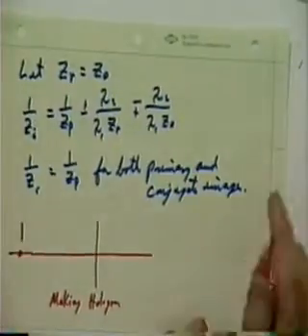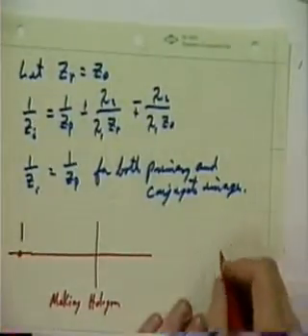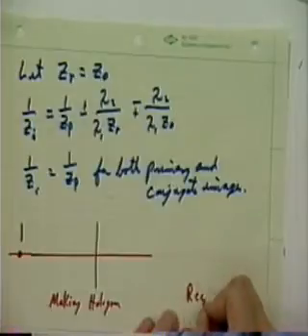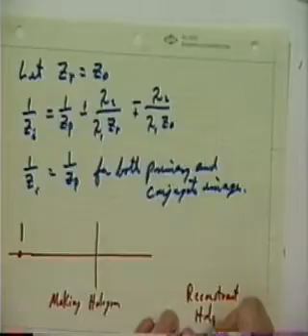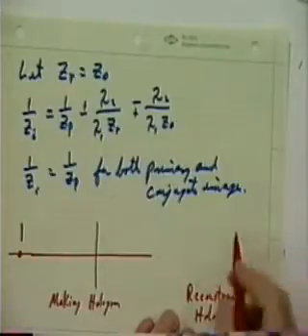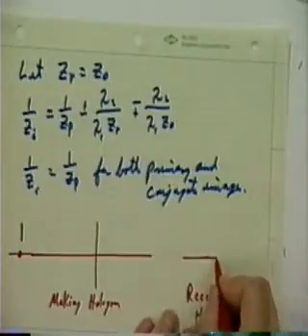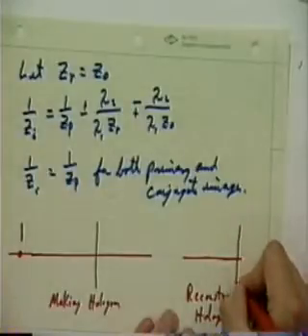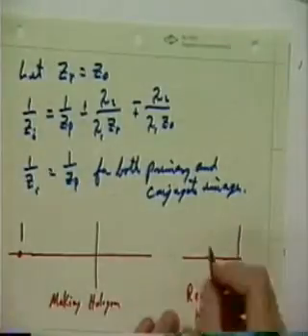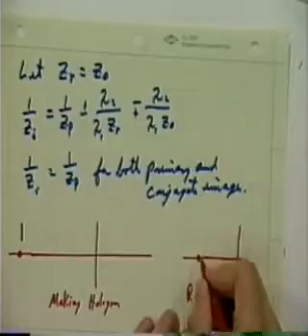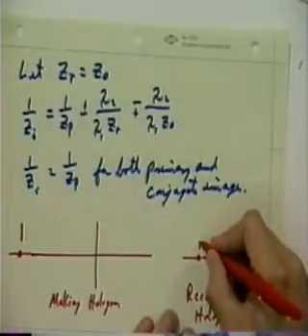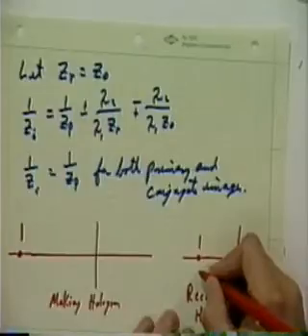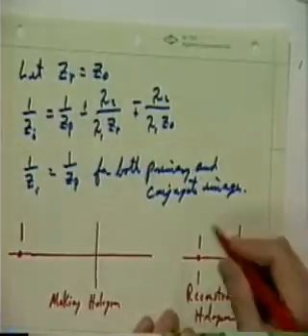And now when we reconstruct the hologram, I don't care where the reconstructing source is, I bring it in closer, we're going to get one image here, and the other image will be here. Same plane.